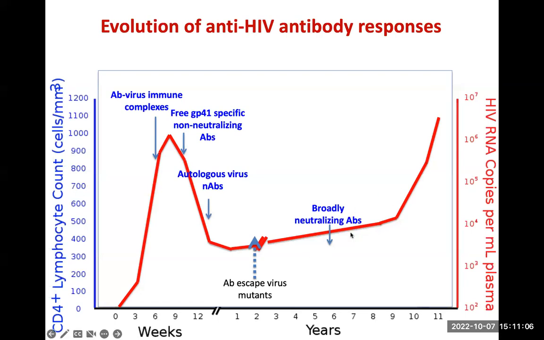So that's where a lot of our vaccine efforts are going. In fact, the vaccine efforts that we are doing at CAVI and the projects that I'm working in are aimed to induce broadly neutralizing antibodies.